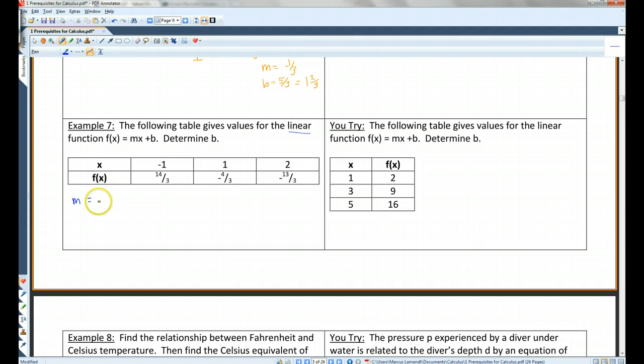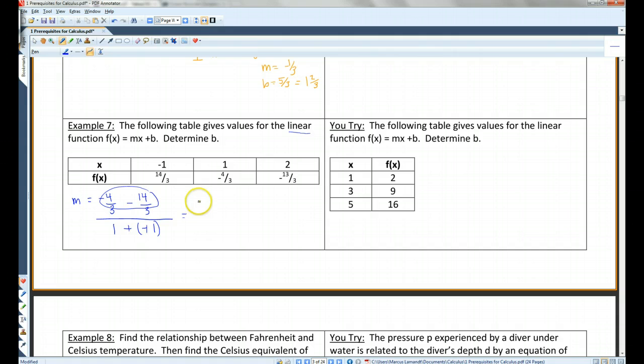So this is going to be, let's just go from here to here. So we've got negative 4 over 3 minus 14 over 3 over 1 minus negative 1. The minus negative becomes a positive. Here I have a common denominator, so I'm just going to work with the tops.